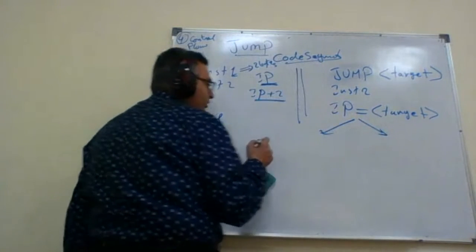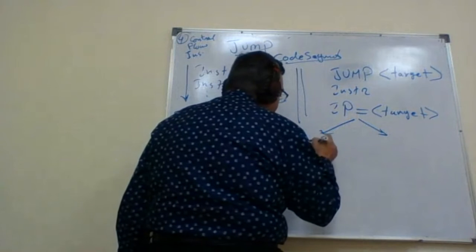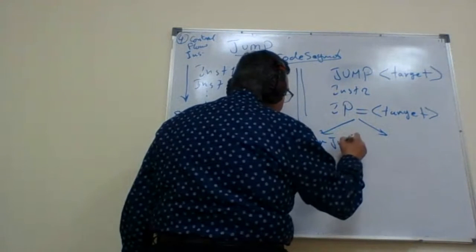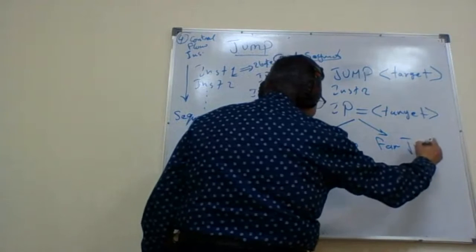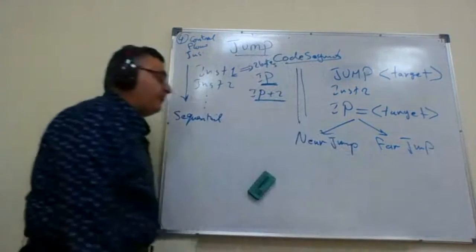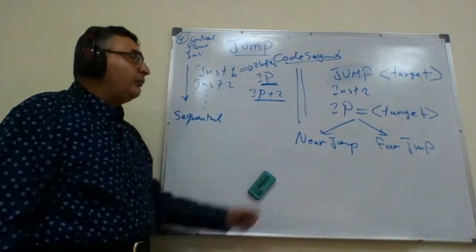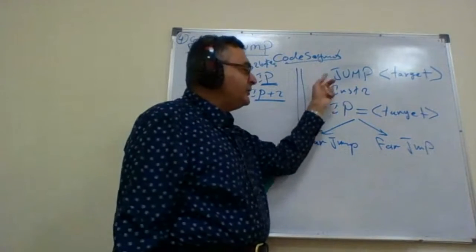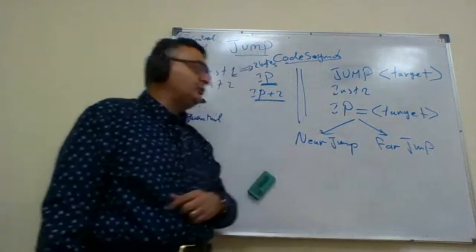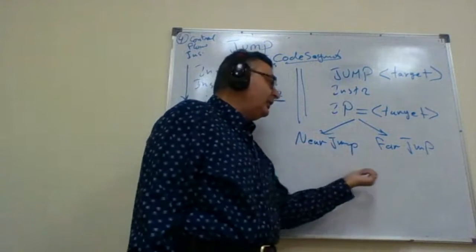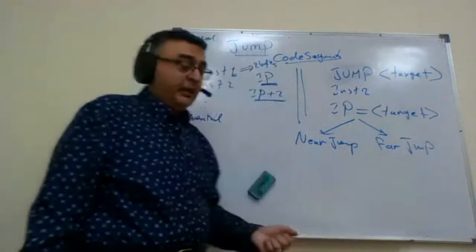We have what's called the near jump, and what's called the far jump.